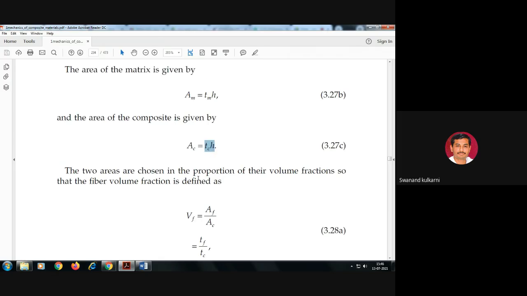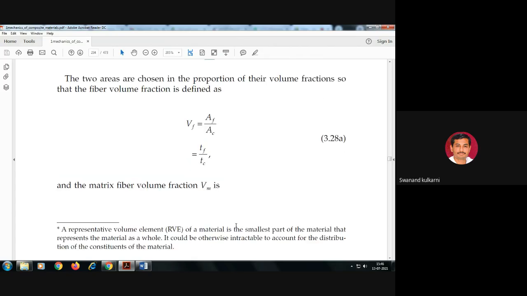Now, if we are interested in the volume fraction, we are already familiar with this concept. For the volume fraction of fiber, we consider Vf upon Vc. Vf is Af into length, because in order to calculate the volume we always take area into length.